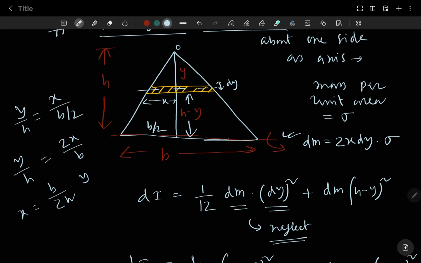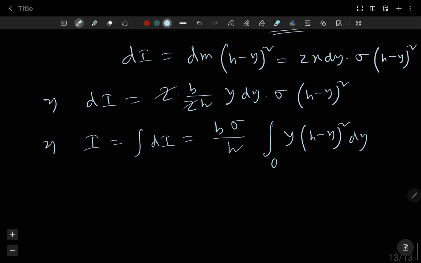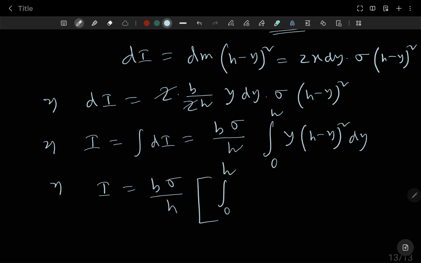Clear? So we get I is b sigma by h integral from 0 to h of y (h square minus 2hy plus y square) dy.